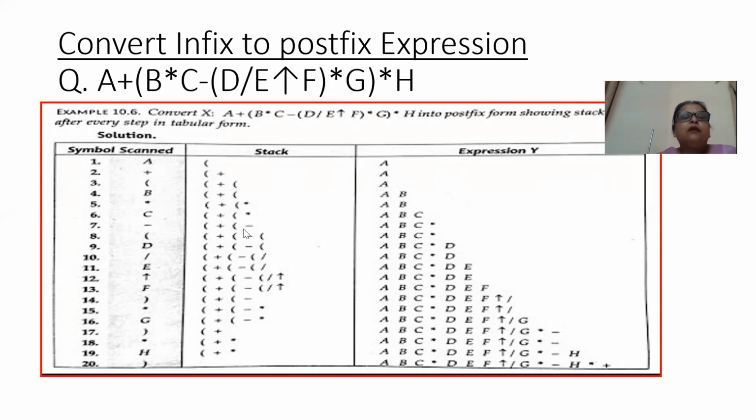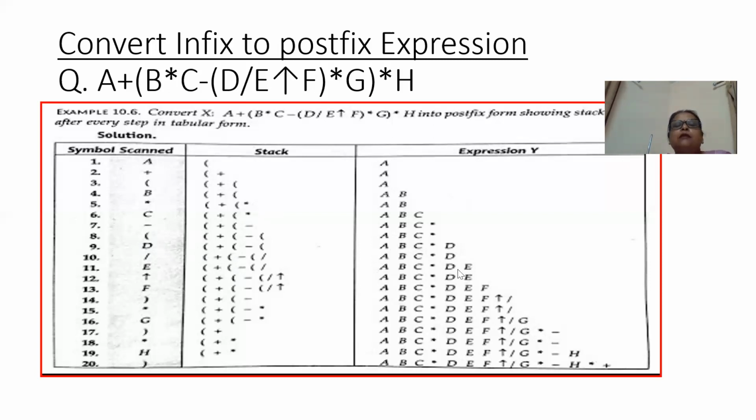Why do we pop? Because multiply has higher precedence than minus. So minus doesn't lie above the asterisk. Again parenthesis, a new stack will start. D, append to the output; slash, push onto the stack, no problem.